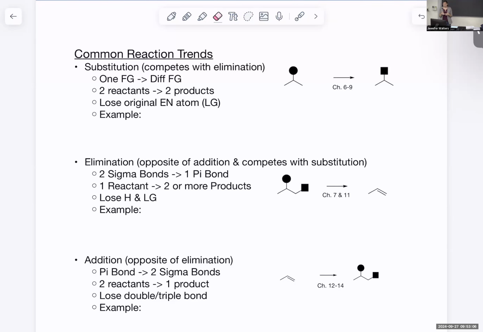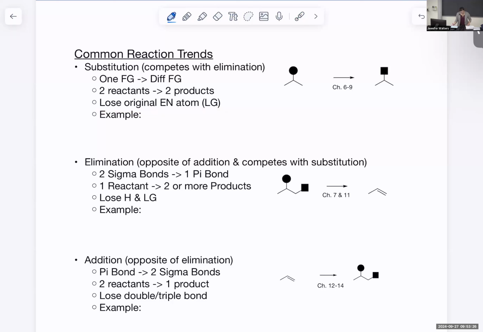So substitution is where we go from one functional group to a different functional group. So it's like going from a circle to a square. You are going to typically have 2 reactants that go to 2 products. You are going to lose an electronegative atom that we're going to call a leaving group.